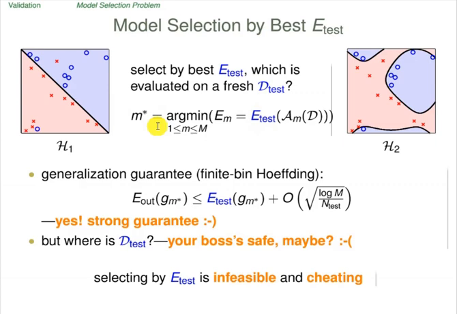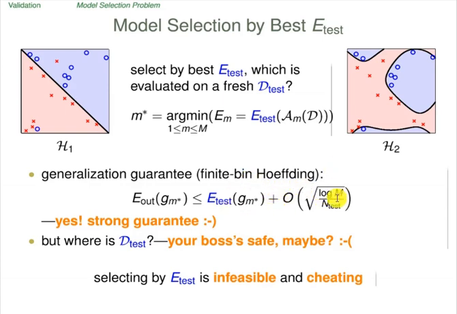It can be shown, using the finite-bin Hoeffding and VC dimension generalization bound, that if we use E-test, the following bound holds: the out of sample error for g_M star is upper bounded by the E-test performance. This is not the in-sample error, but the E-test error plus a complexity term, considering the union bound of all hypotheses, which provides a good generalization guarantee.